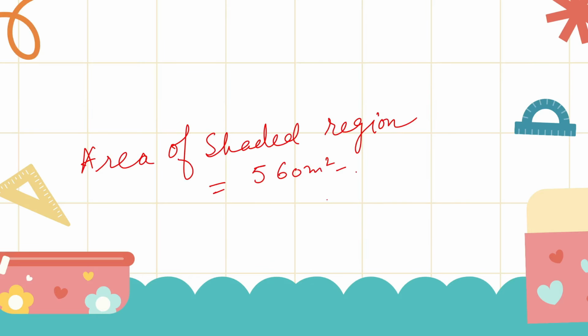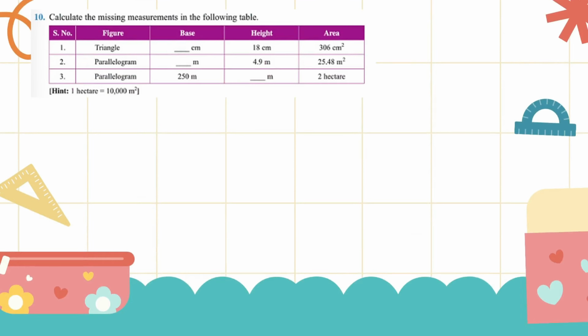We can subtract: 140 will be subtracted from this, and the answer is 420 meter square. So this is the area of the shaded region. This way we will find the area of the shaded region if this type of statement is given to you.